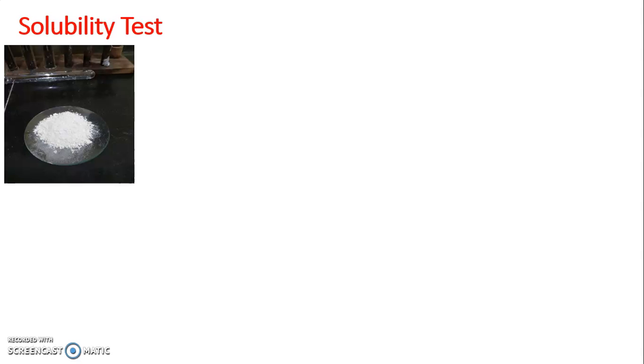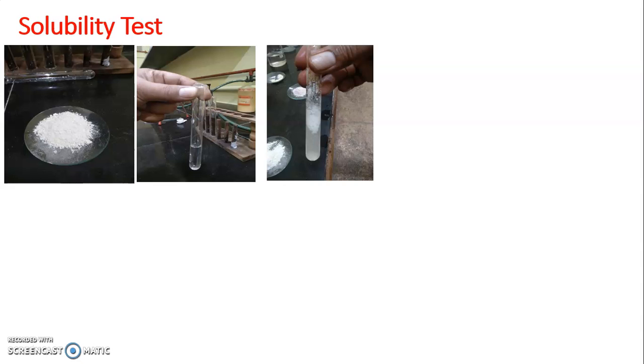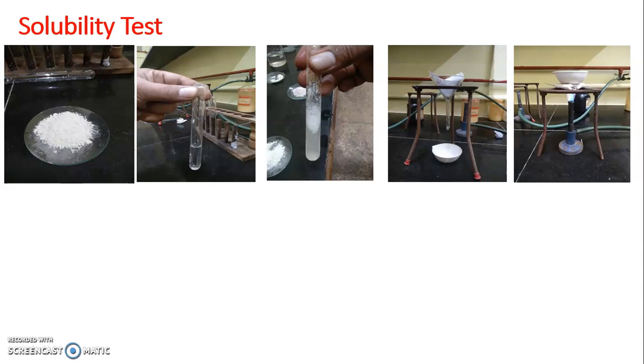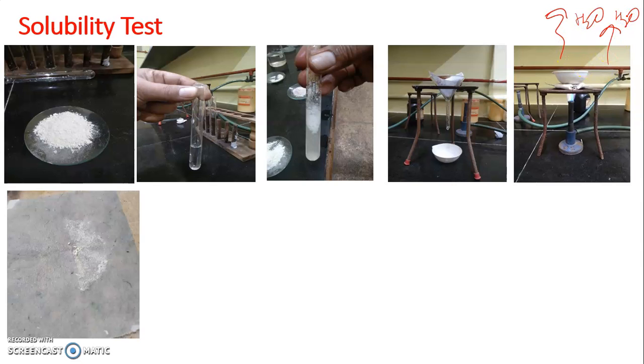Now alternatively, the second possibility: we will take a test tube having water, we will add the mixture, we will shake that rigorously, we will do filtration, and water will evaporate completely. We have to evaporate it up to dryness, and then we will have residue remaining.